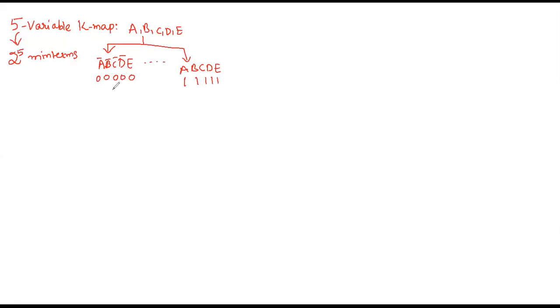So we will get a total of 32 minterms from 0 to 31. Each minterm indicates a square box. So a 5 variable K-map contains 32 square boxes.